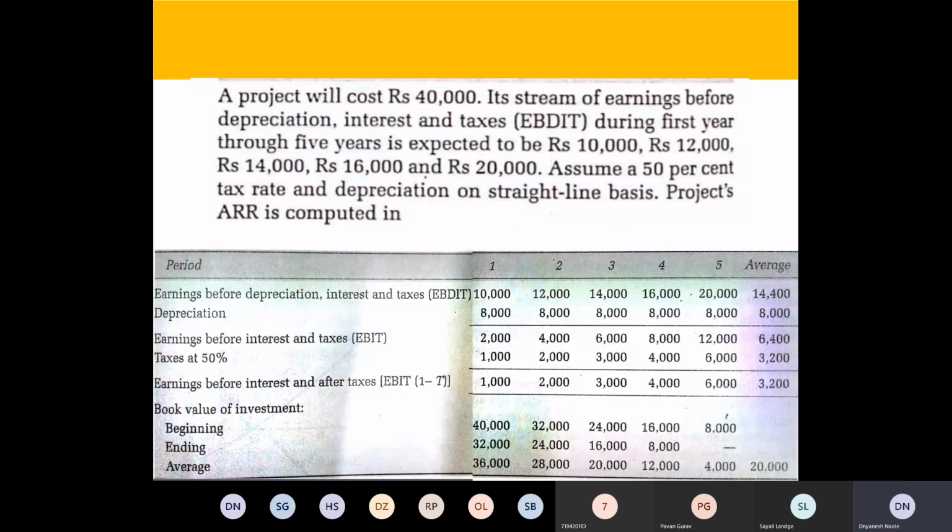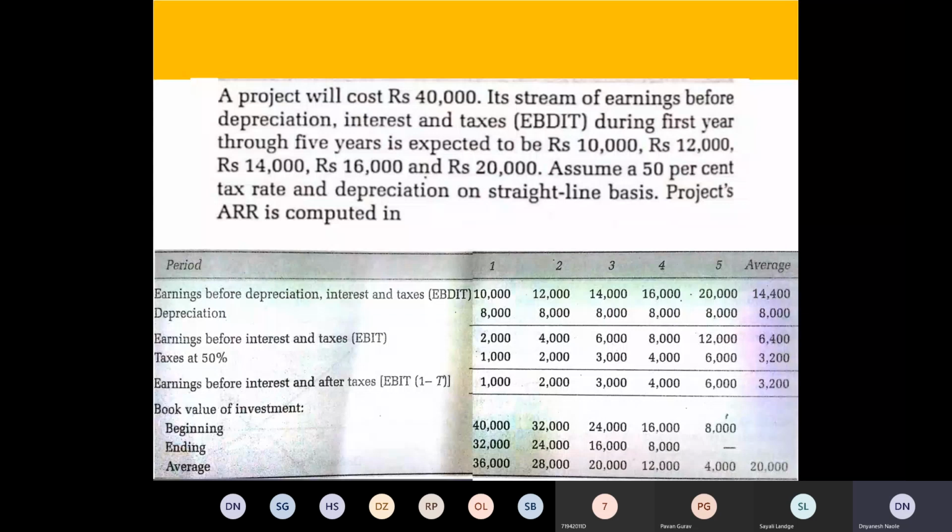If you remember the term EBIT 1 minus T, that is basically the term which we are using here, without an adjustment for interest. That is the right word here. So average income should be defined in terms of earnings after taxes without an adjustment for interest.